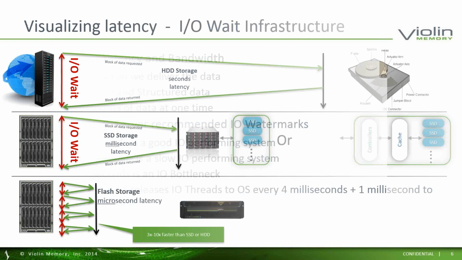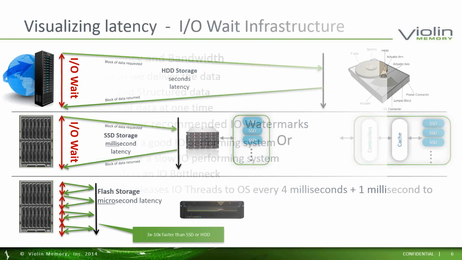So, visualizing what that is from the host. You can see here that from a traditional hard drive storage solution, most of the latency at the storage level is actually in the seconds. So you're already behind the curve for what Microsoft likes to see. The next level down would be your SSD storage solutions. This is where you have PCI cards, or say, from the other large SAN storage solutions, you have front-side cache with an SSD solution in the back end.